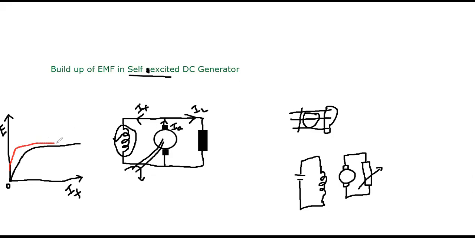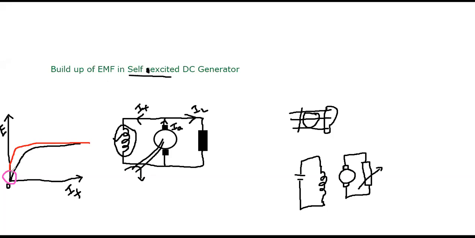And then it undergoes saturation. We can see the difference here. It is not starting with the origin. Suddenly it starts with some value, and this value is due to the effect of residual magnetism.